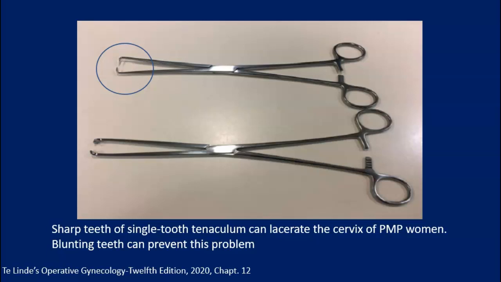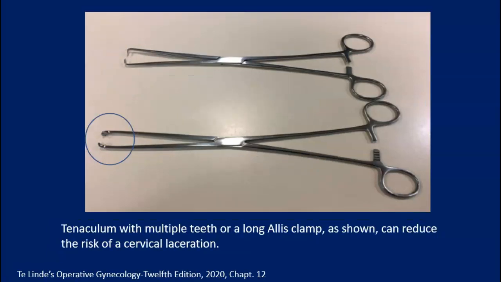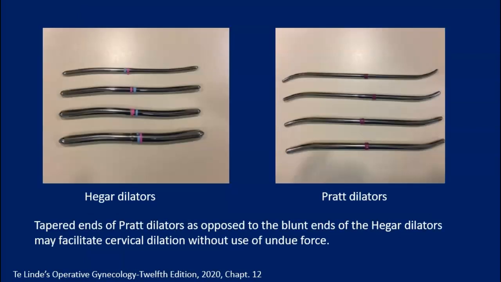Now, this can be obviated to some extent by blunting the teeth, which is often done as well. The bottom tenaculum can be a multiple-tooth tenaculum or a long Allis clamp. This has multiple teeth, such that the risk of laceration is significantly reduced with the use of a tenaculum of this version.